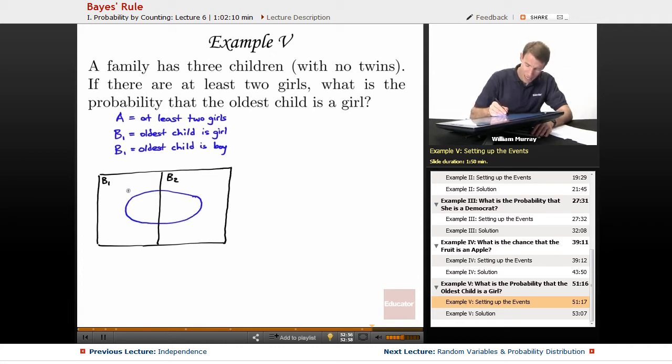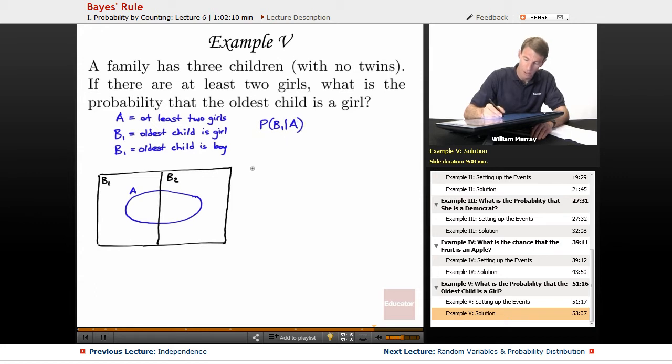So that's my A. And we're given that A is true, and we want to find the probability that the oldest child is a girl. So we want to find the probability of B1 given that A is true, given that at least 2 of the children are girls.